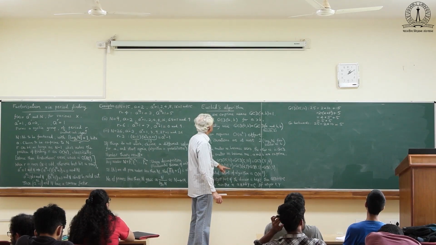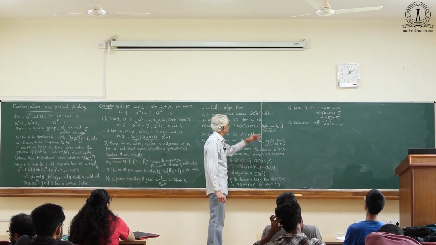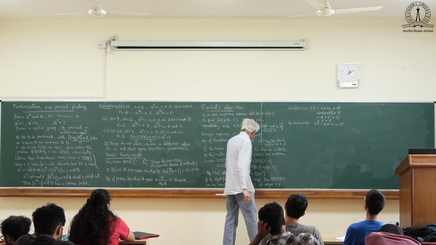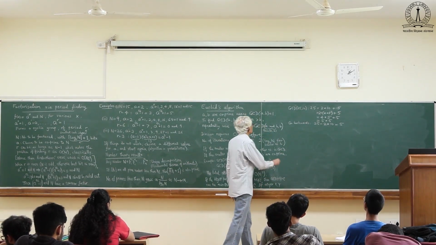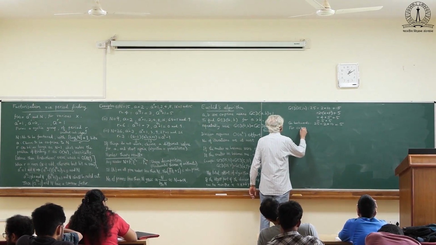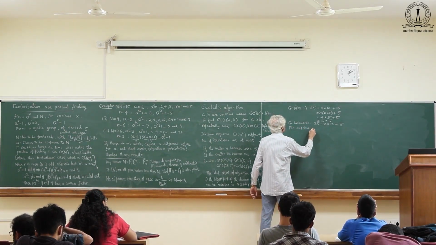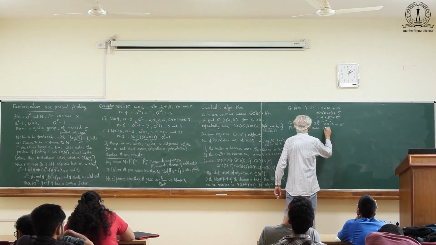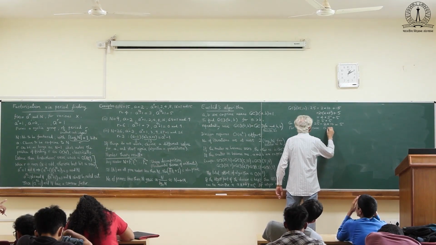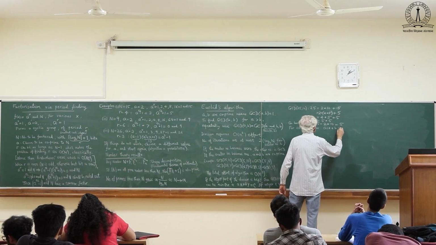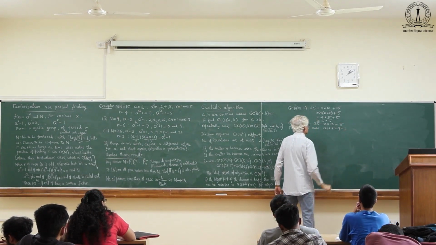There is one more thing, that this is where it had a factor, and I can use the same strategy for the co-prime case. I have a times x plus b times y is equal to 1.